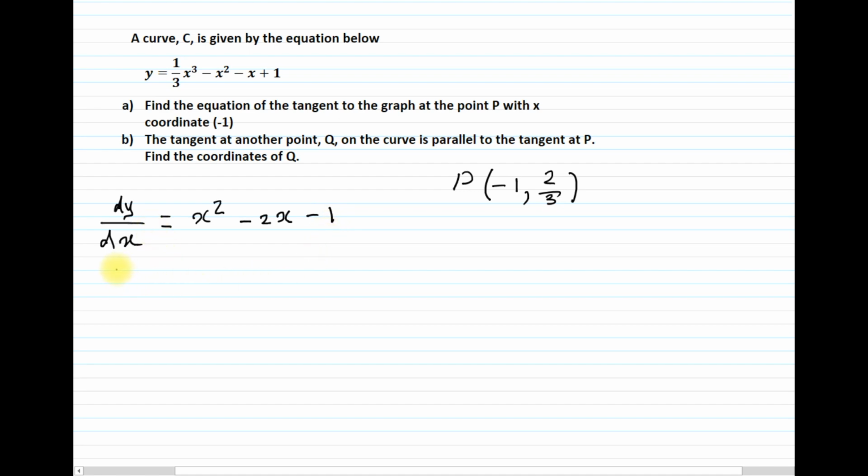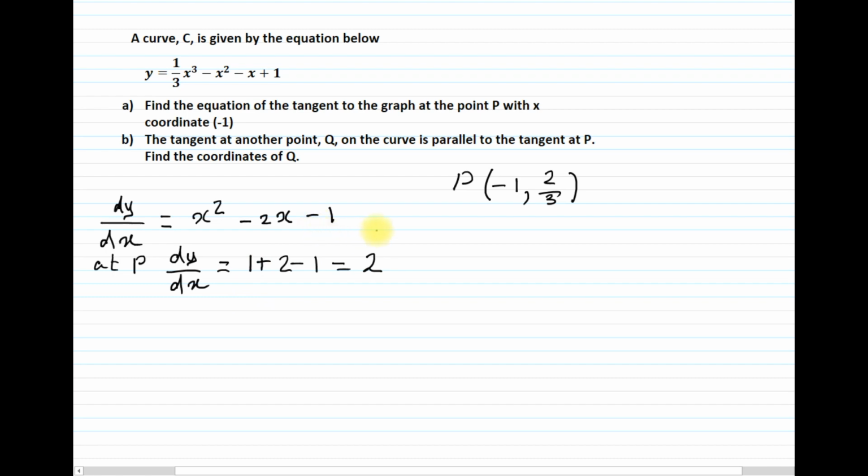Now at P, we substitute the x coordinate into the expression for dy/dx, so we get -1 squared, which is 1, and then -2 times -1, which is +2, and then -1, so it becomes 3 minus 1, which is 2. So our gradient is 2.